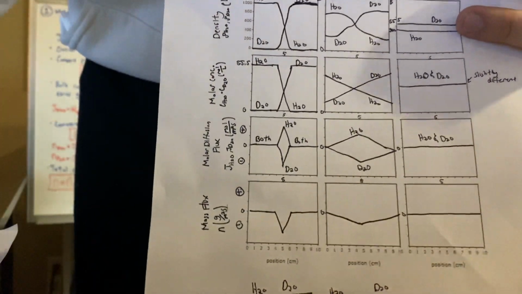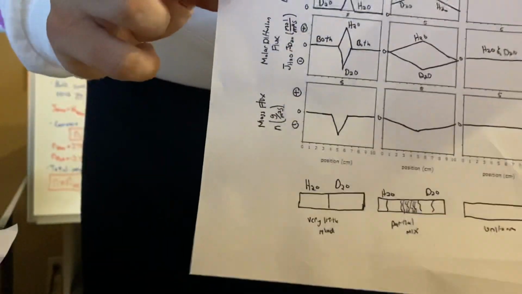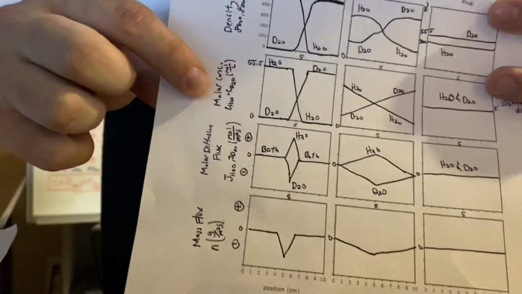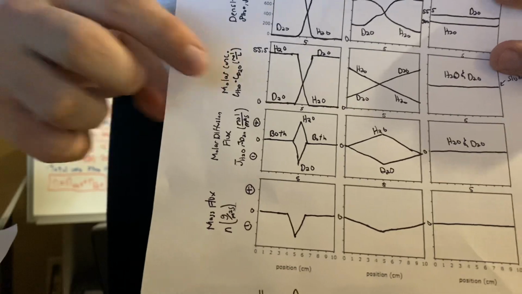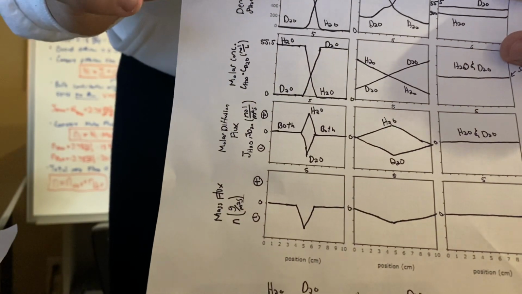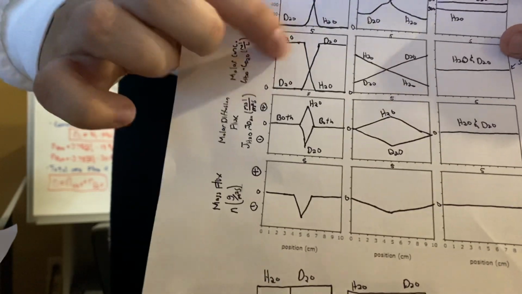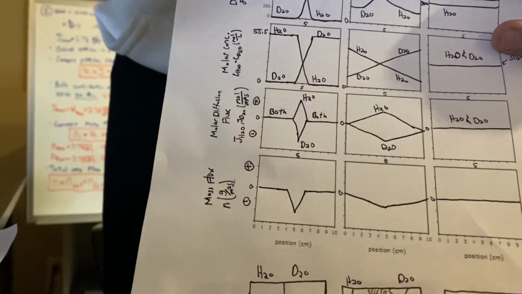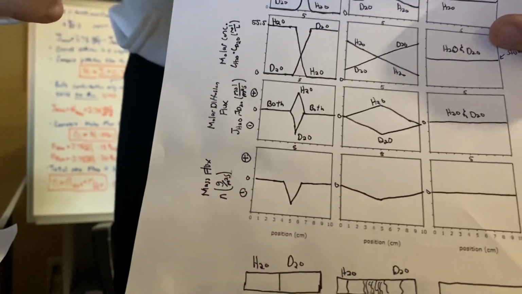So when we get to the equilibrium point where it's starting to mix, we'll see as it goes along that it becomes a little cleaner, and we'll see why. We can see here that the molar concentration is pretty much identical to the first graph. The only difference is that the two lines are almost exactly the same because the concentrations are the same.